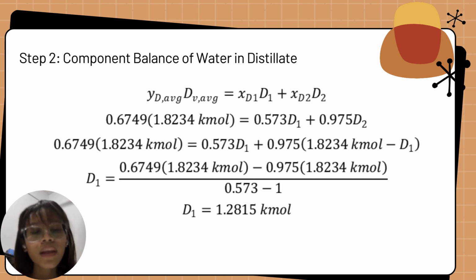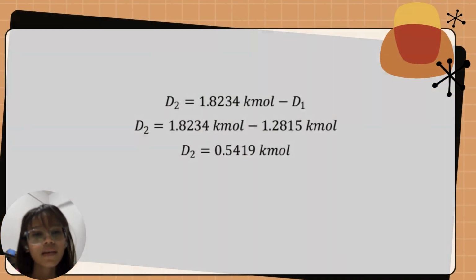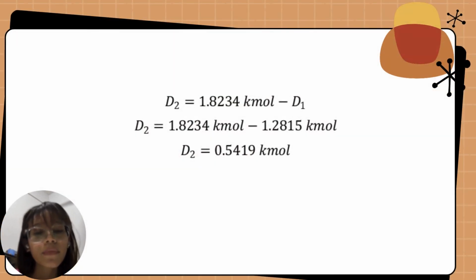Using the equation from the mass balance, we equate the D2, then we were left with the unknown value D1. Solving for D1, D1 is equal to 1.2815 kilomole. Then using the equation from the step 1 mass balance of part B, D2 is equal to 0.5419 kilomole.